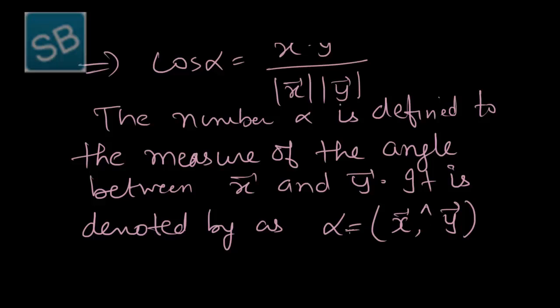So we read it as alpha is the angle between, cos inverse of x dot y over modulus x modulus y.